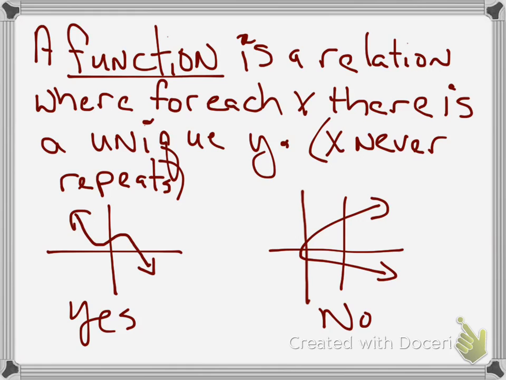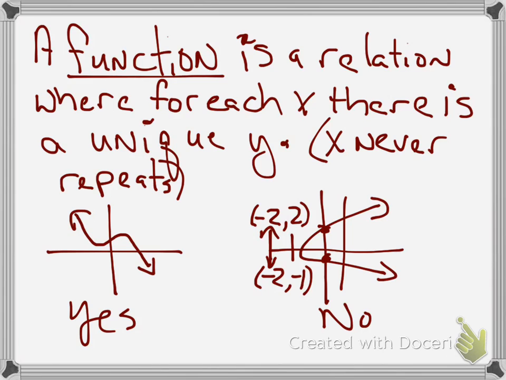Over here, you can see there's points where it is touching twice at the same time, and thus that is not a function, because right here, let's say here and here, you have x repeating because you have, let's say, a -2, 2 and a -2, -1. So you can see the x repeated, and it has two different y's. So what they mean by saying there's a unique y is that for each one of those x's, there's only one point, one y that corresponds to it.